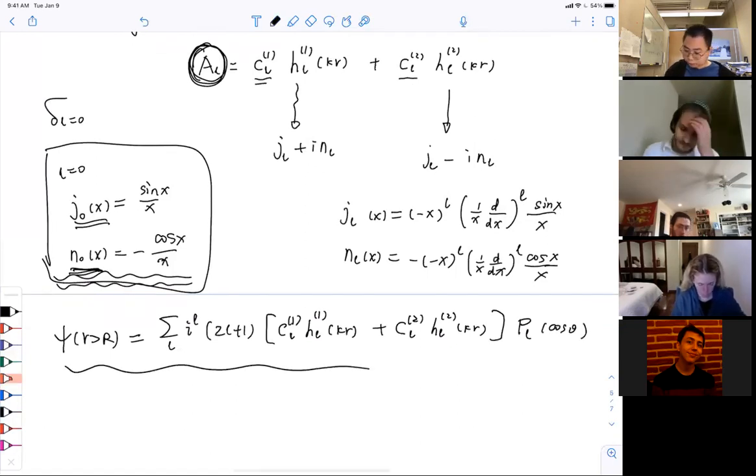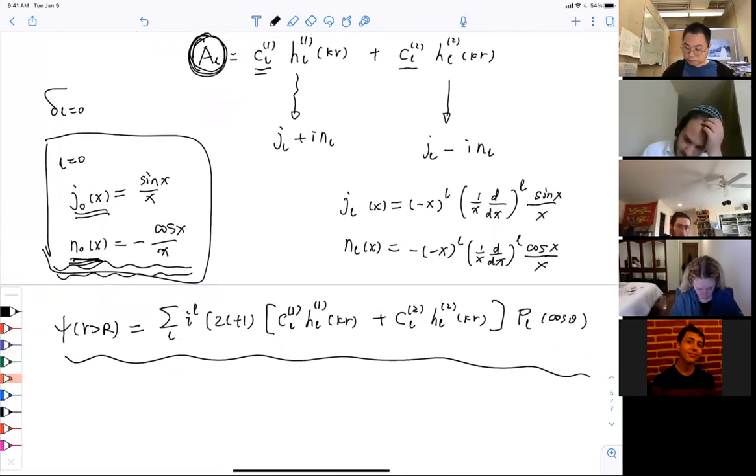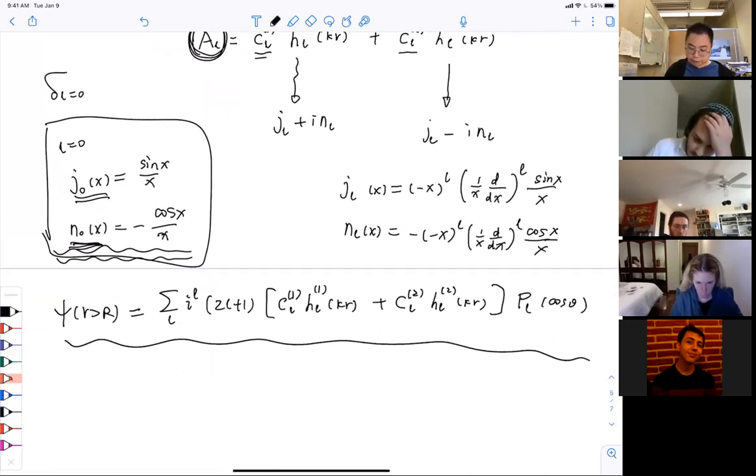So this is the general solution. Now what we want to do is take r to infinity.